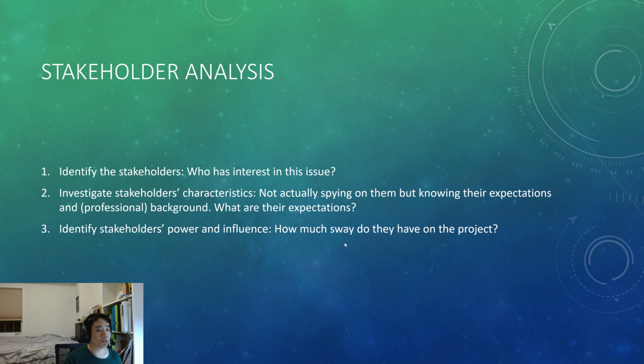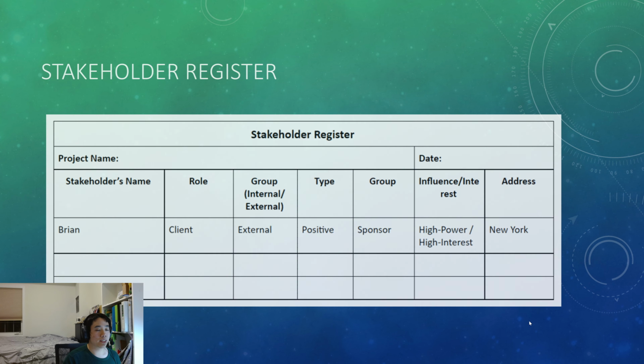And finally, you want to take a look at how much influence they have. Is their input going to be pivotal in the direction the project is taking, or will we consider it and then end up not doing it because the influence is too small for this particular stakeholder?